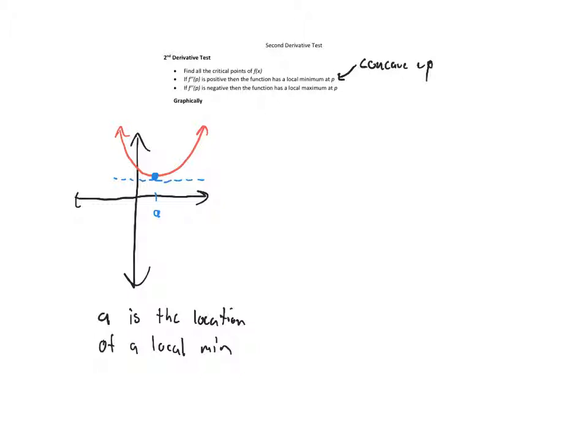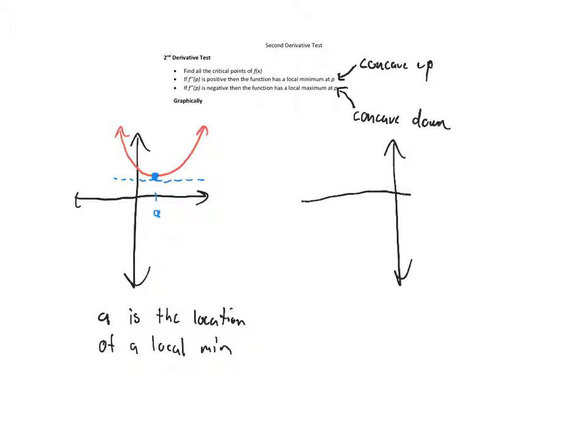The opposite is true for a local max. If it's concave down at that point, then essentially what you're going to have is a maximum.